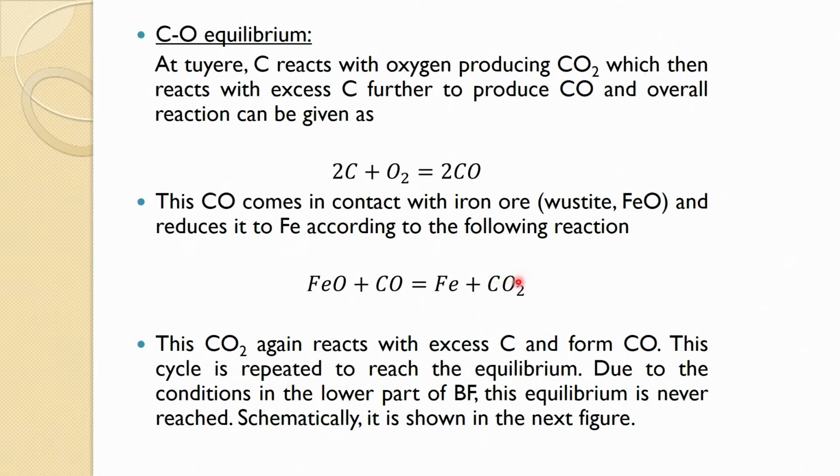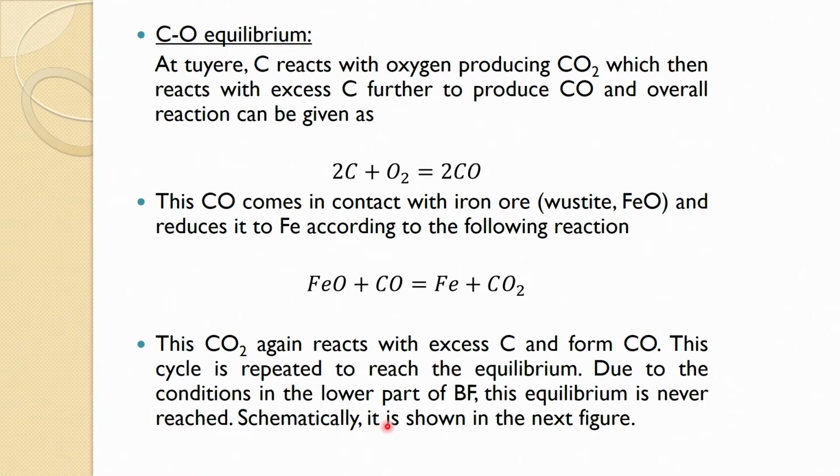So, this CO2 again comes in contact with the carbon and forms CO. This cycle is repeated to reach the equilibrium. Due to the conditions in the lower part of the blast furnace, this equilibrium is never reached.